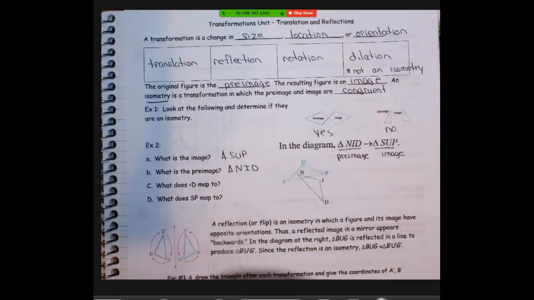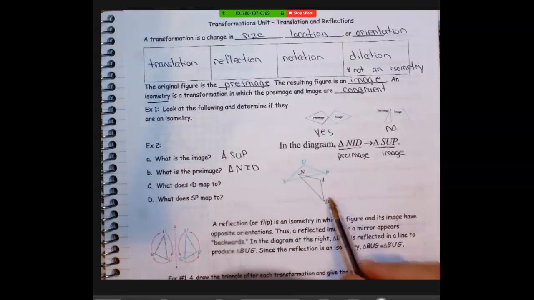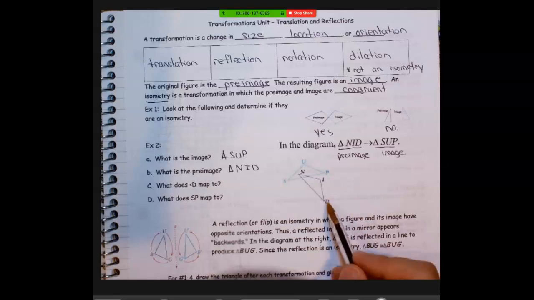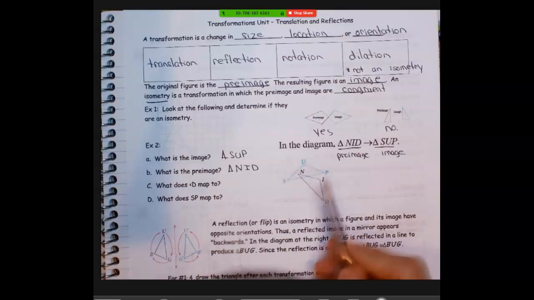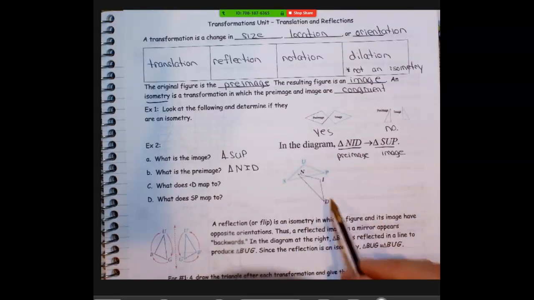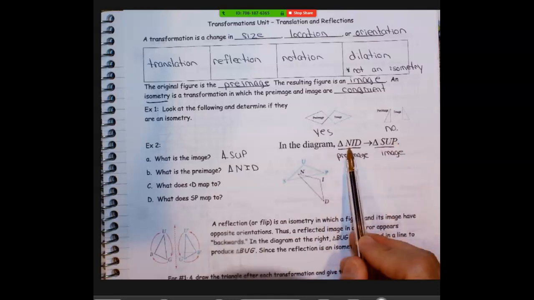So the first thing they want us to do is say, what does D map to. So in other words, it looks like in this particular case, I rotated it. When I rotate point D, they want me to figure out what does that correspond with here. Again, graphics aren't great, so we can always go back and rely on this statement here.